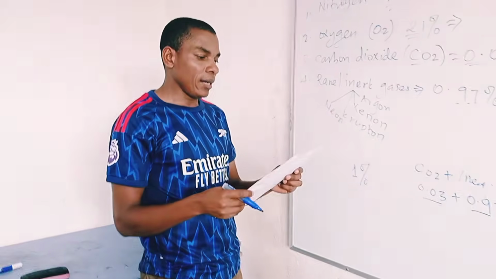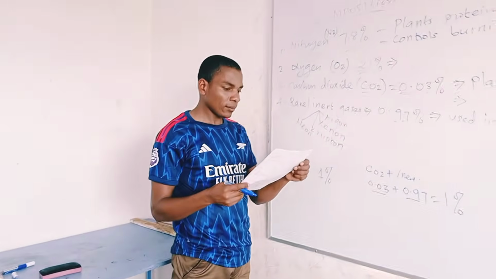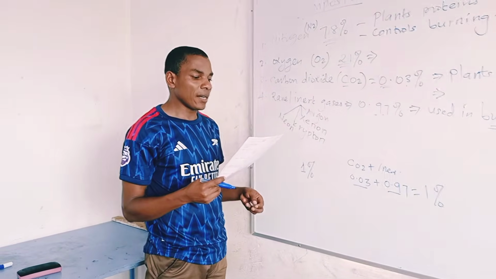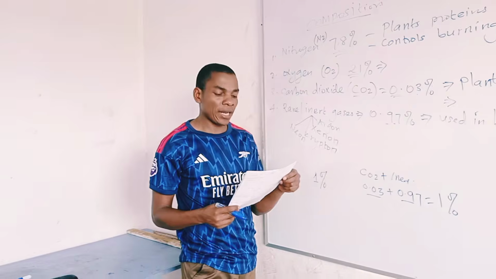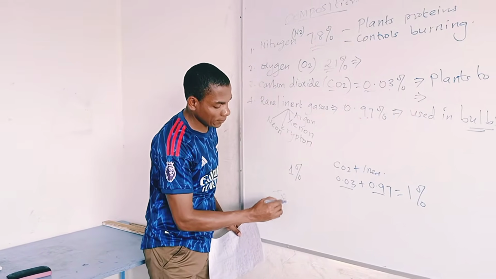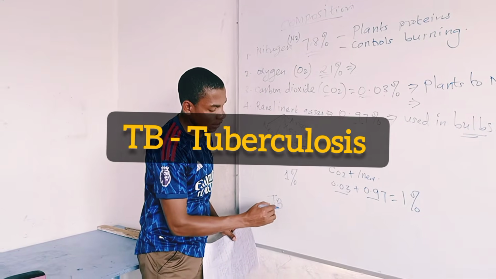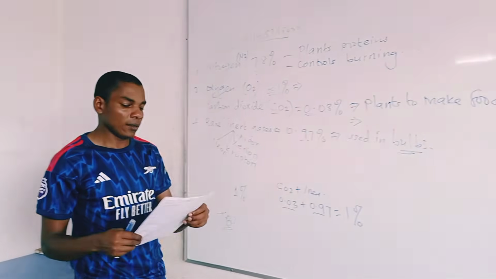Next, which disease affects lungs and spreads through air? The answer is tuberculosis. TB can spread through air and it affects lungs.